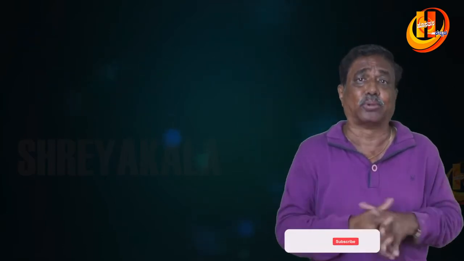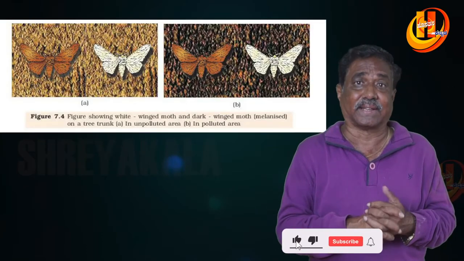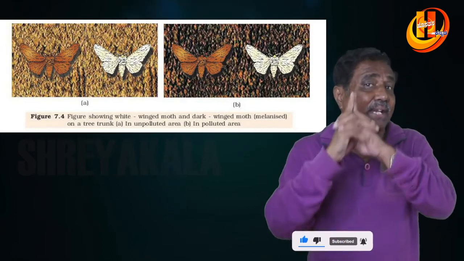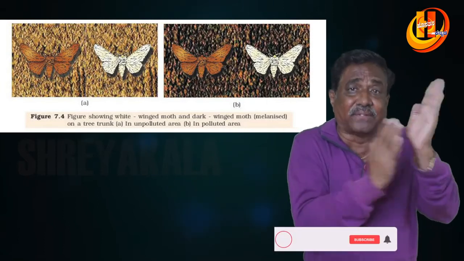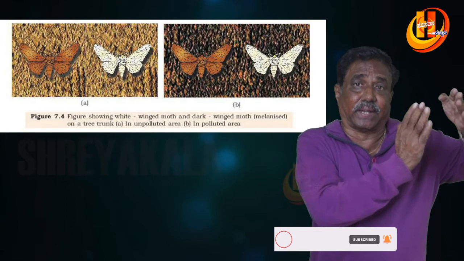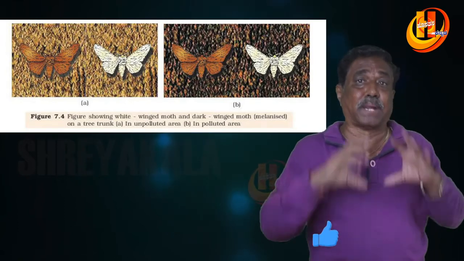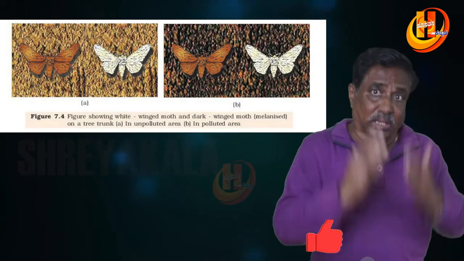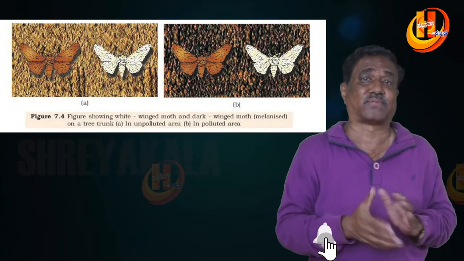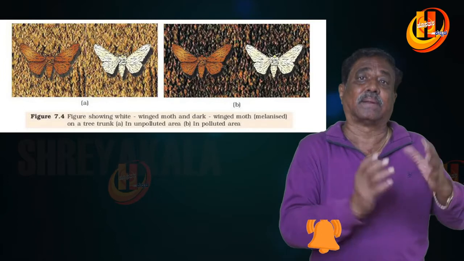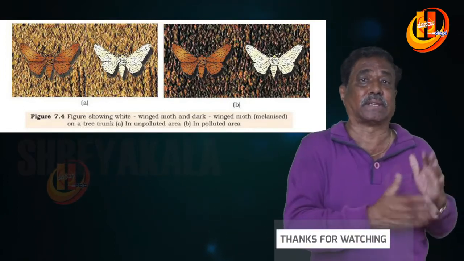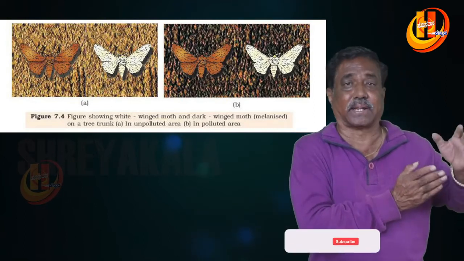It dates back to the period between 1850 and 1920. In 1850, prior to the industrial revolution, in London, England, two kinds of moths existed. One with black, dark colored wings, and one with light colored wings.